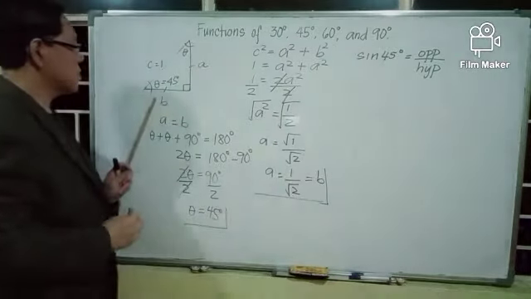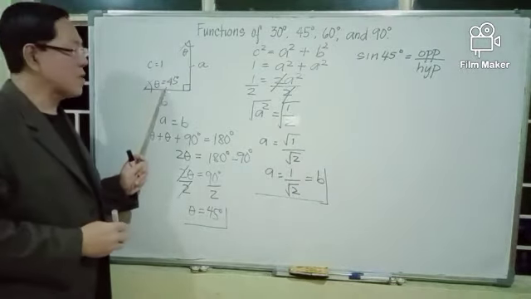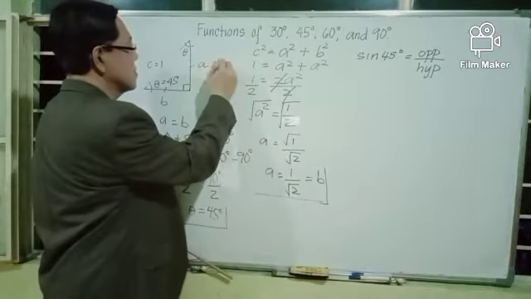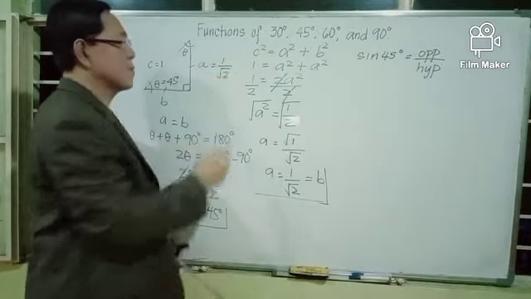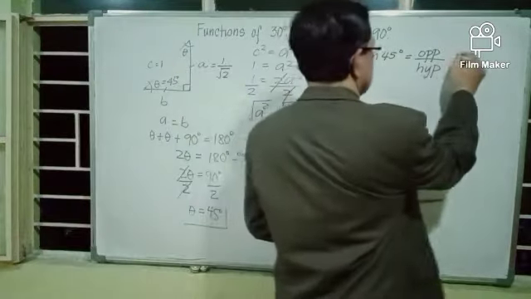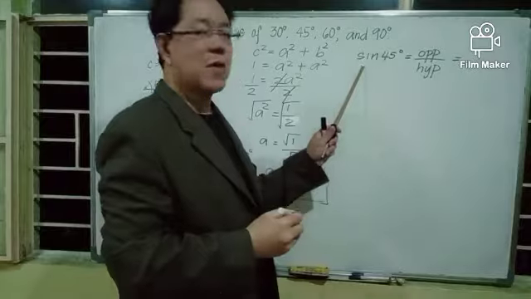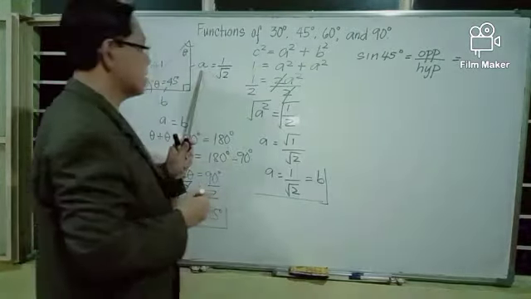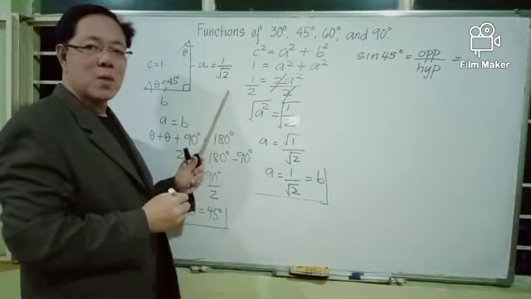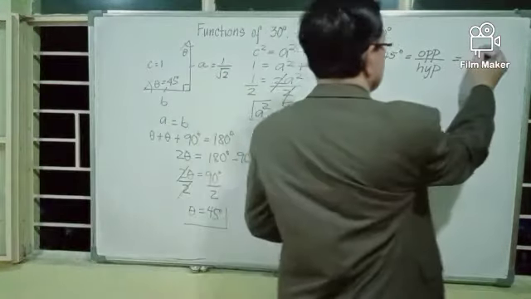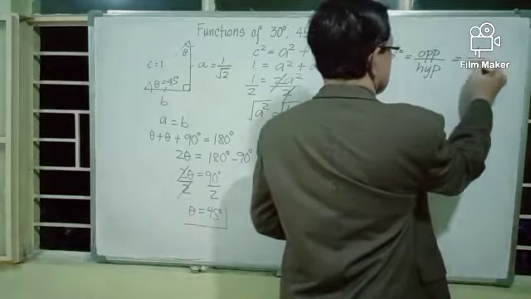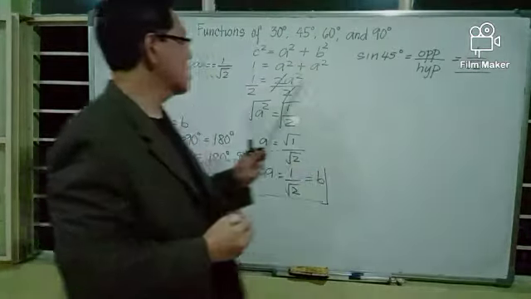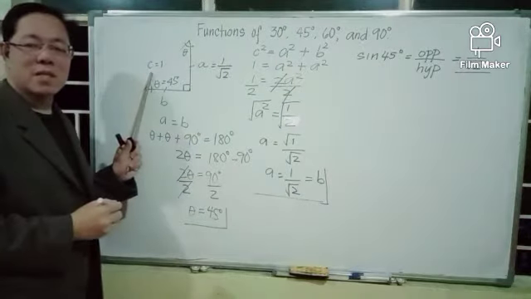The side opposite the acute angle 45 degrees is A, whose value is 1 over the square root of 2. Divided by the hypotenuse, which we let be equal to 1.